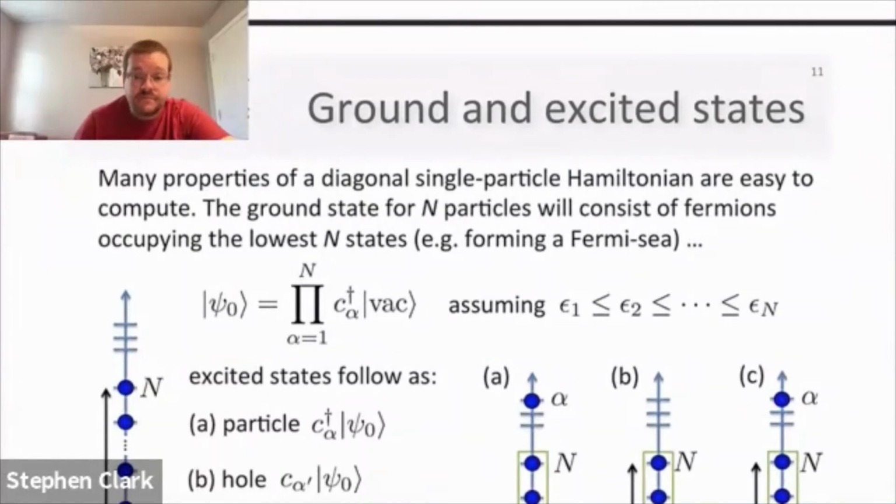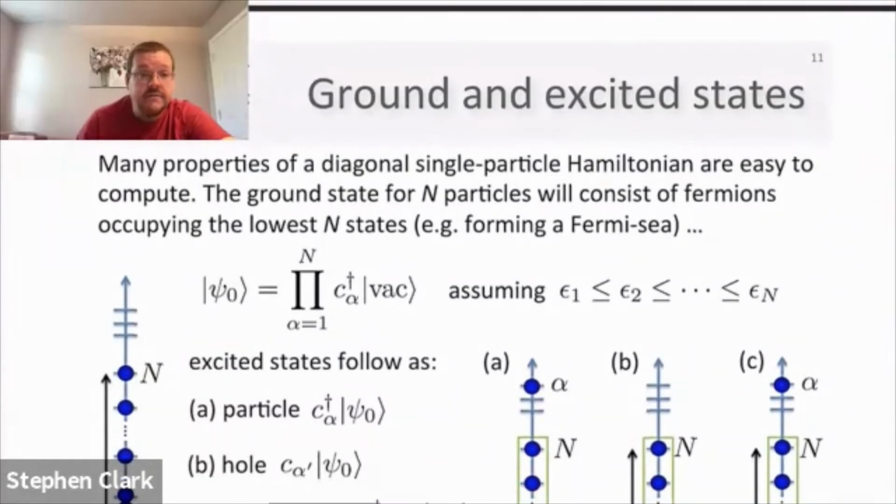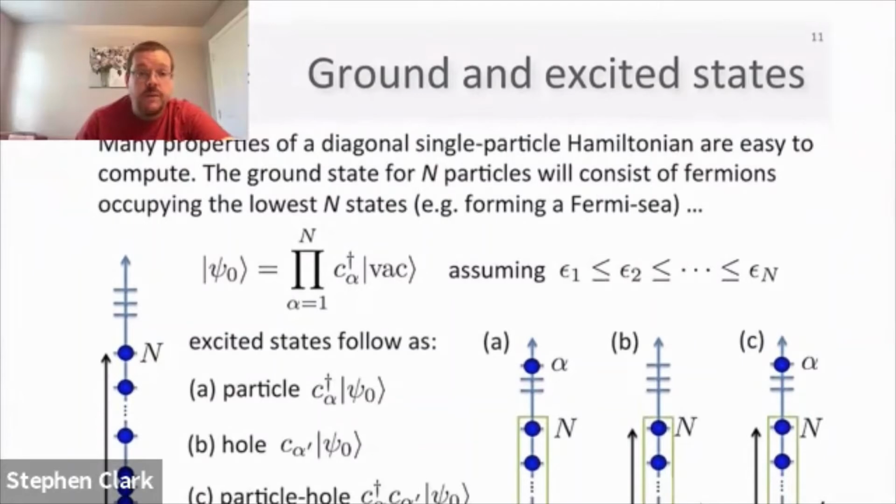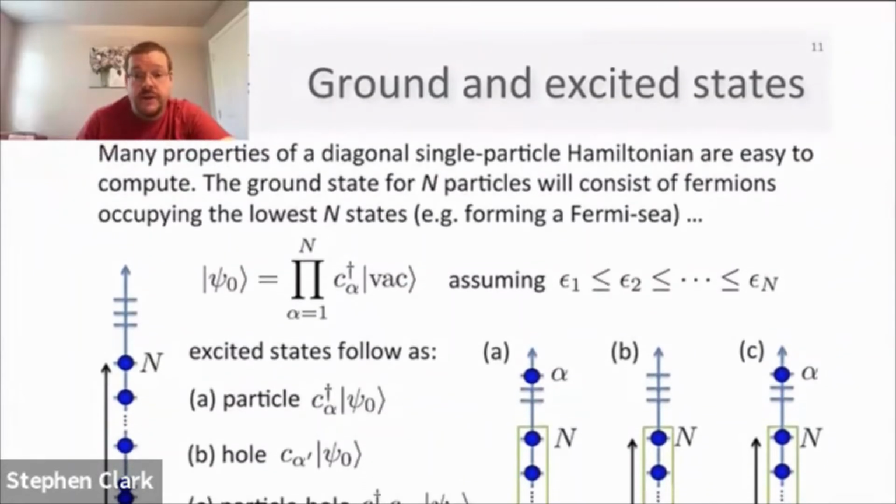What's its ground state? This is really easy. We've got n particles and a whole bunch of energy levels. What's the lowest possible state when we have n particles distributed among the levels and we can only put one particle in any one level? We just get a Fermi sea.